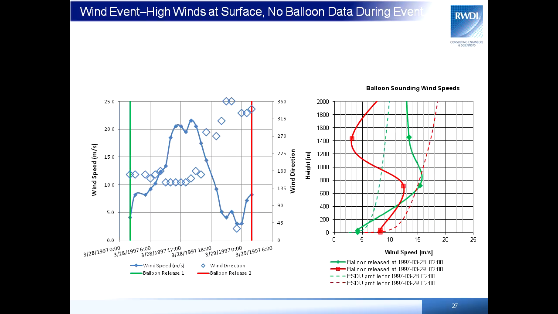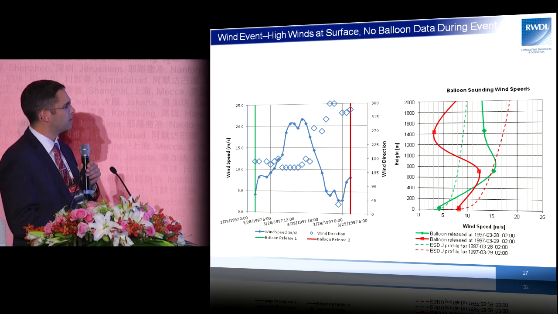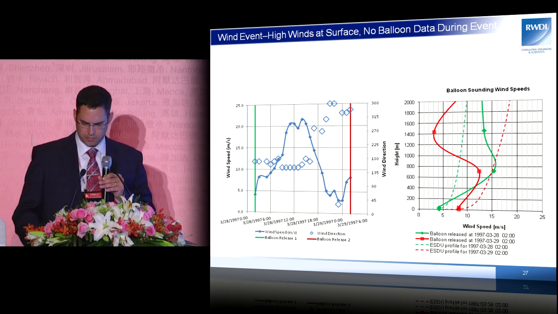Just a little bit of evidence towards the balloon data. This is some analysis, again, for a project in the Middle East that we were involved with. What I'm showing here is the balloon was released here, the balloon was released here, but it was too strong a wind to release it there, so it didn't give us any information.